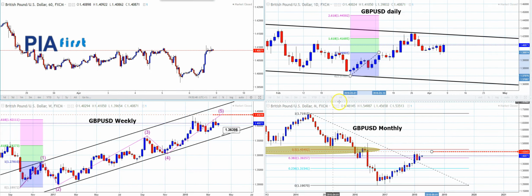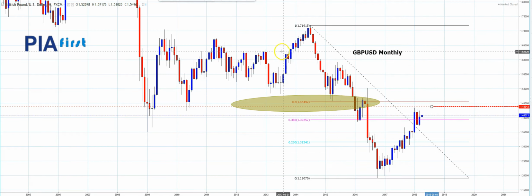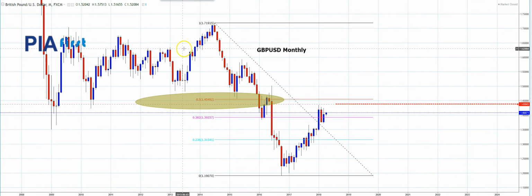Sterling dollar, again we're going to break down firstly to the monthly chart. It's not quite as aggressive an outlook to the downside, and there is scope for some further rallies in sterling dollar before we see a move lower. Now we have surpassed the 38.2% pullback level, which comes in at 139.27.